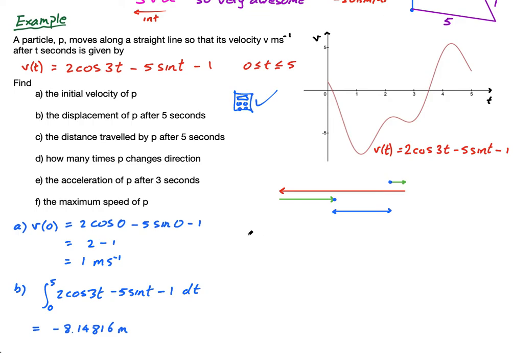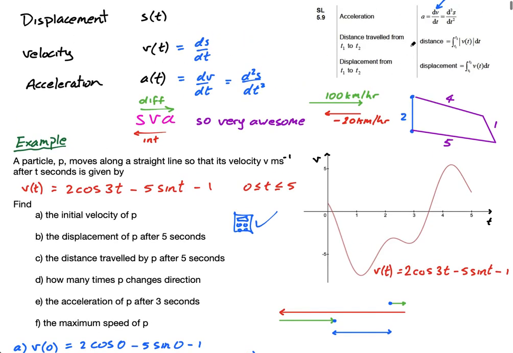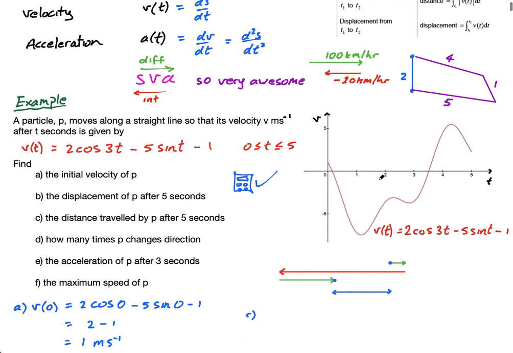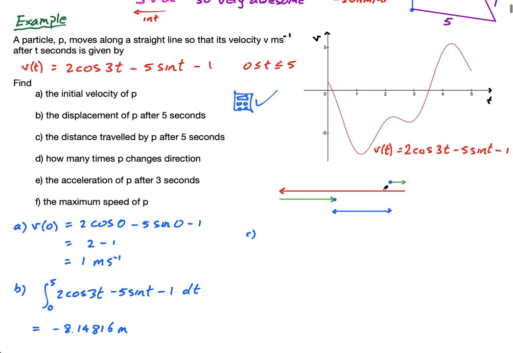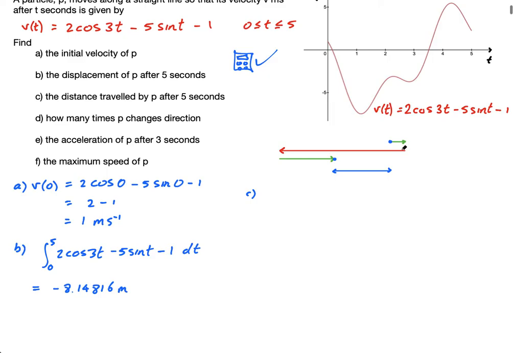But let me show you a nice, neat way to do it. Again, in the formula booklet, the distance traveled is the same formula, but this time with the modulus sign. And the reason for the modulus sign is because that gets rid of the negatives, and it will make this negative bit that we've traveled here positive.